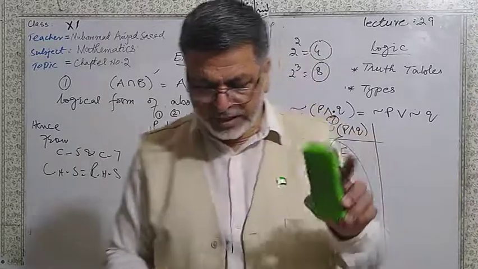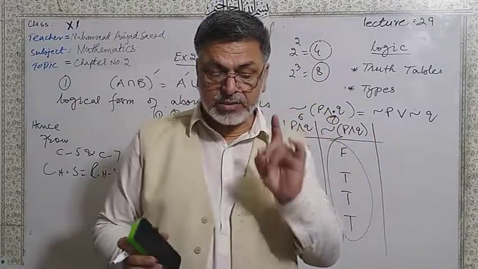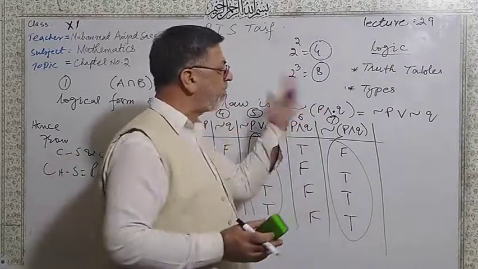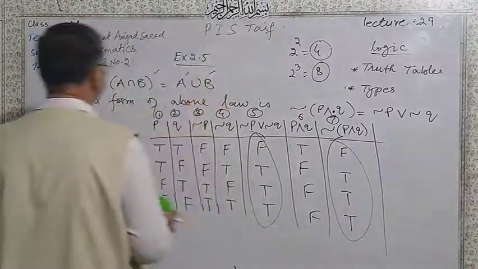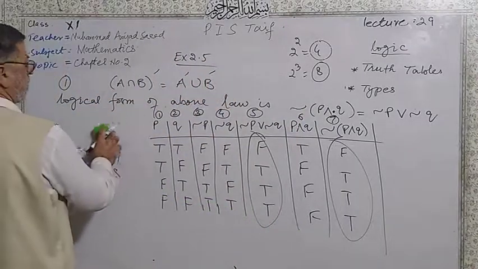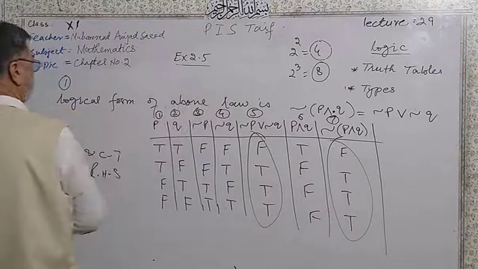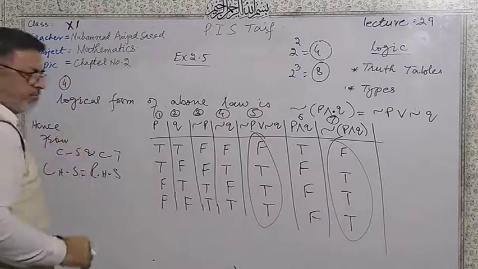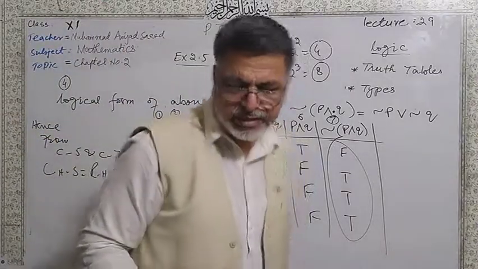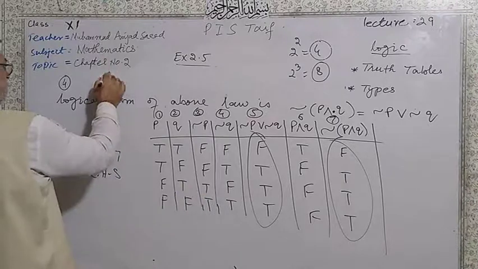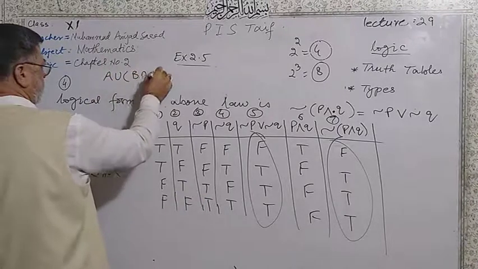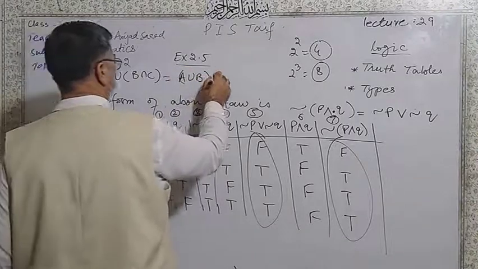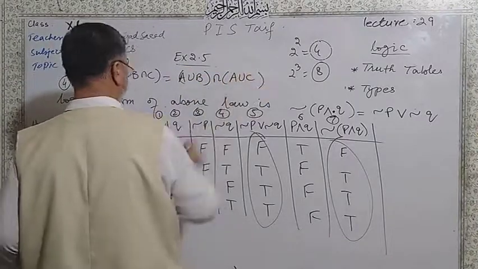Remember, there are 3 possibilities in questions 2, 3, 4 because we have sets A, B, C and related to that we have P, Q, R. Here is question number 4: A union (B intersection C) is equal to (A union B) intersection (A union C).